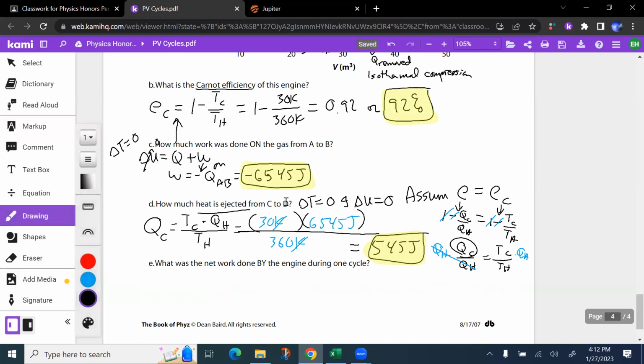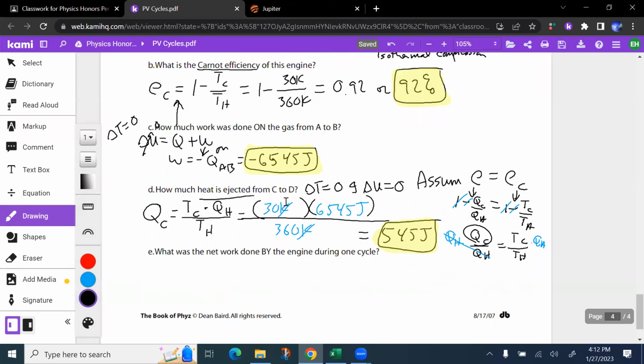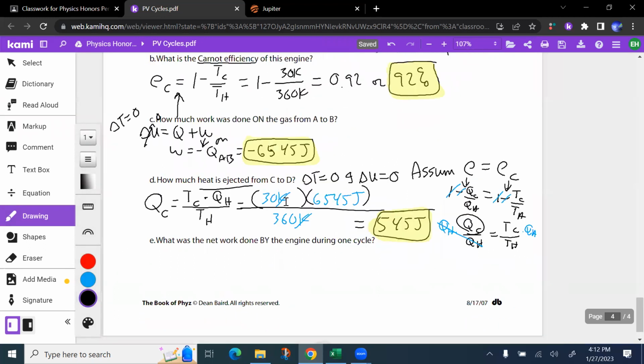Okay. What was the net work done by one cycle? Well, we could find this a couple different ways. One way is using the first law of thermodynamics. For a whole cycle, the change in temperature is 0 because you return to the same temperature you started.